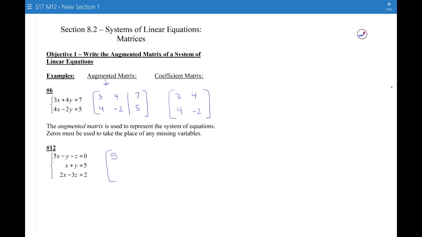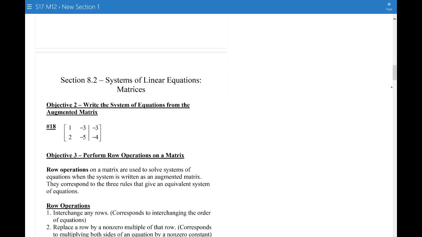So this system of equations could be written with the matrix 5, -1, -1, and then a 0. Then we'd have a 1 for the x, a 1 for the y, and a 0 for the z, and then a 5 for the constant, 2 for the x, 0 for the y, -3 for the z, and then a 2. So this is the augmented matrix that represents this system of equations.